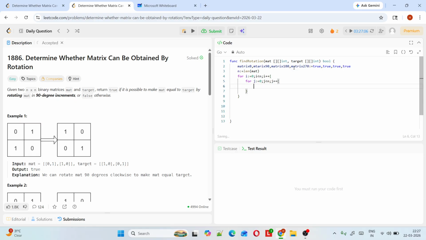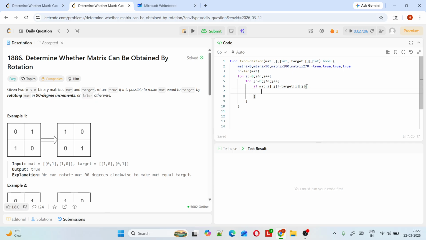Now if mat of I comma j is not equal to target of I comma j, because if you rotate this mat by 0 degrees, that will be as it is. So what if our target is that? To check that, we are writing this.